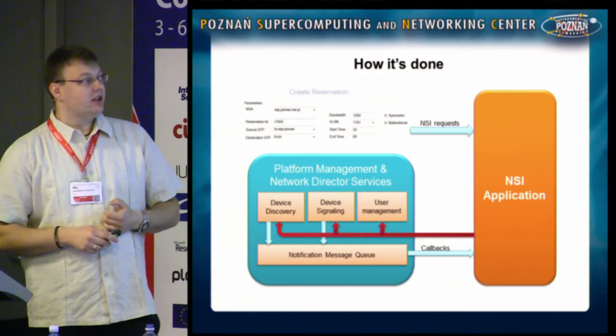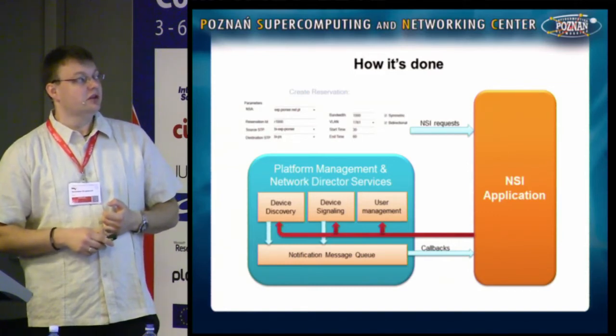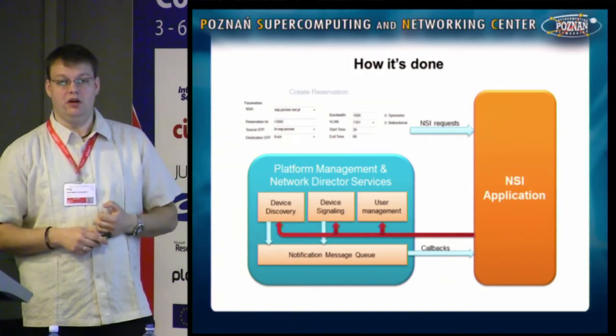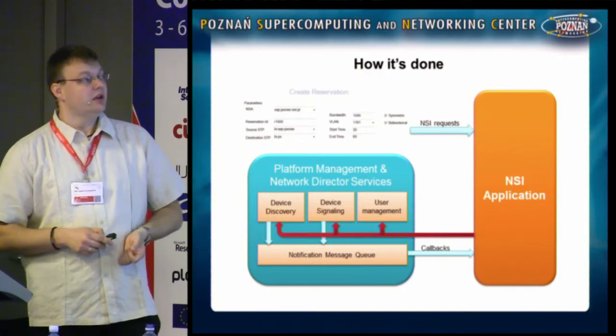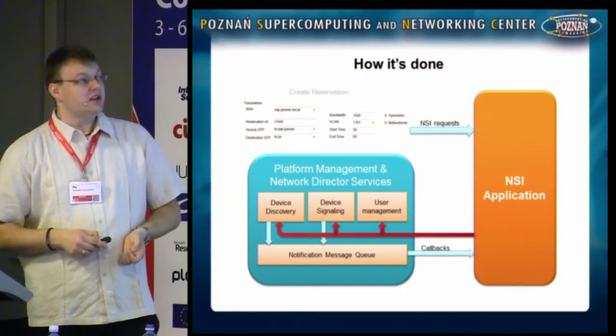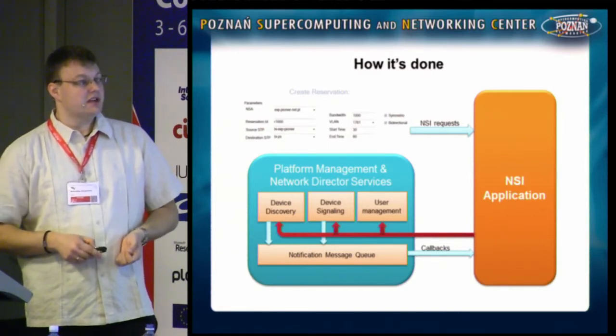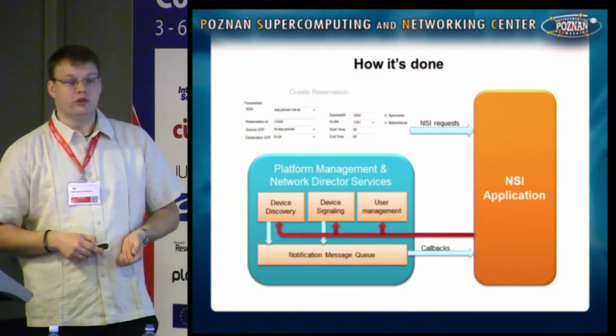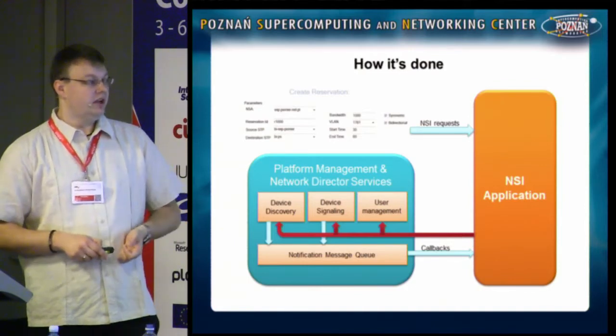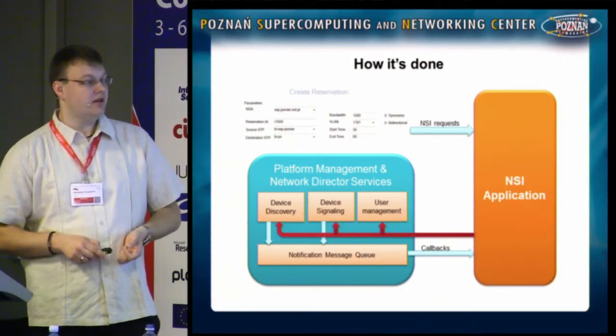So the process is that you create a reservation here in the web interface, in the GUI. This GUI or server is sending the NSI request to our NSA agent. And the NSI agent is talking with all those three modules to deliver the circuit to the end users. And then, of course, you have a call box.